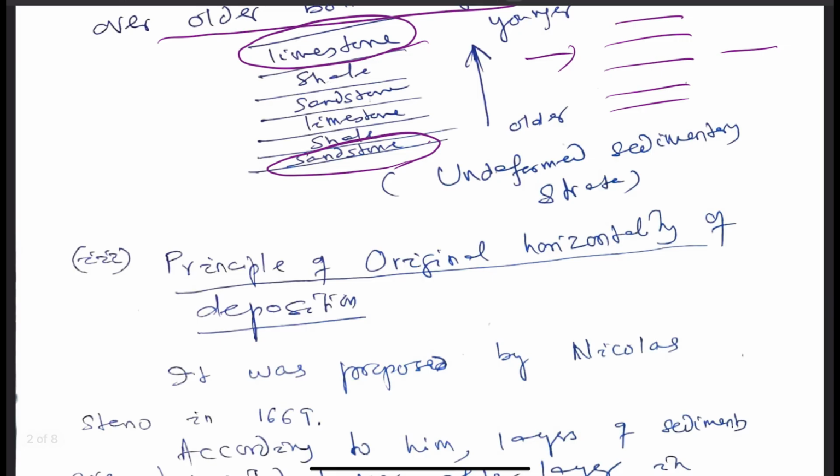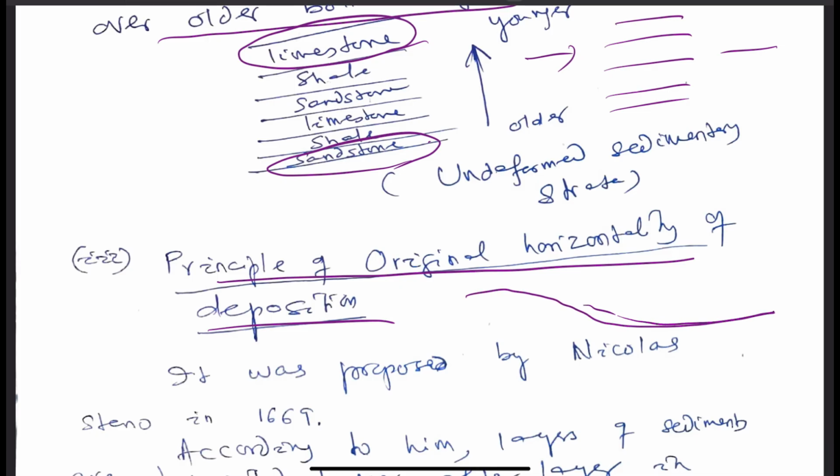Then the principle of original horizontality of deposition. It is generally seen that the sediments are deposited in layers horizontally. The sediments are transported from highlands and are subject to sedimentation in the basins. They are deposited like this.